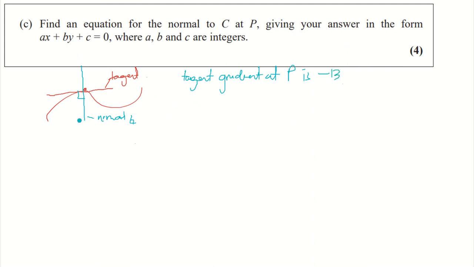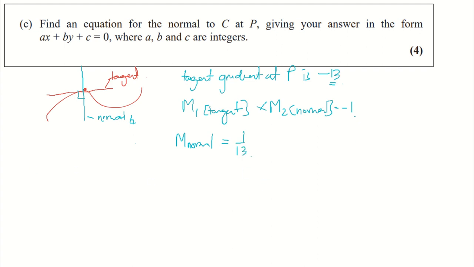And remember, if lines are perpendicular, the gradient of the tangent, m1, times the gradient of the normal, m2, will give you negative 1. Since the tangent gradient at P is minus 13, the normal gradient must be positive 1 over 13.